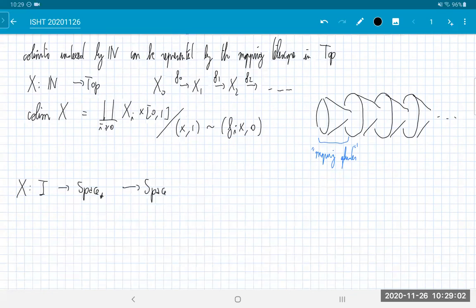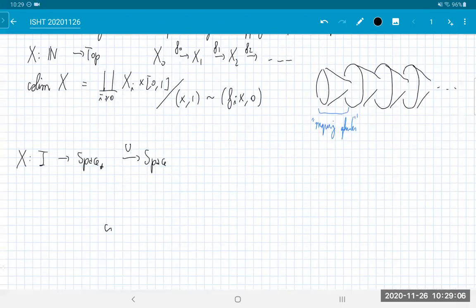Let me call U this forgetful functor. And you can compute the colimit of X by taking the colimit of UX, and then you have a colimit of the point here, since UX receives a natural map from the point, given by the pointing, the constant functor at the point, and then you collapse this.